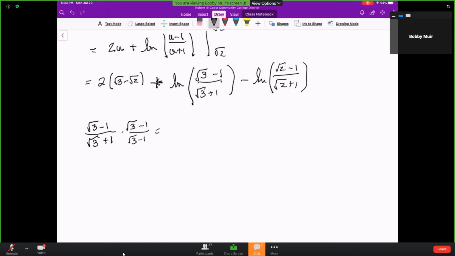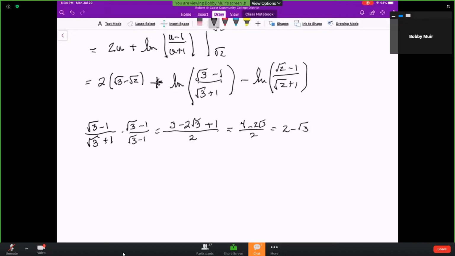So that's going to be 3 minus 2 radical 3 plus 1 divided by 2, I guess. And so that's going to be 4 minus 2 radical 3 over 2, 2 minus radical 3, maybe.